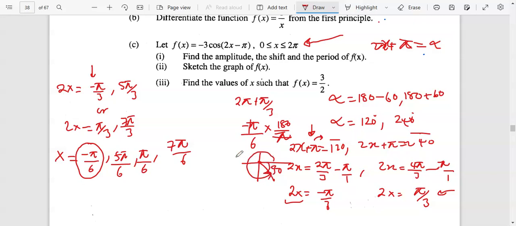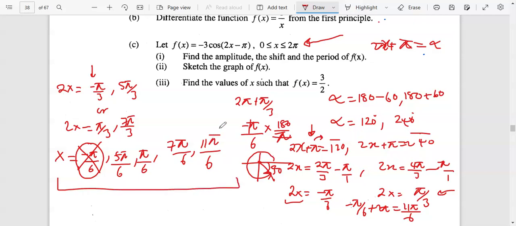So that is going to be 330. To that angle that you have found, just add 2 pi. When you find a negative angle, add 2 pi. So negative pi over 6 plus 2 pi, which is the same as 2 pi minus pi over 6, is going to give us 11 pi over 6. So instead of writing this, we are going to write 11 pi over 6, which is the positive form. So these are the values of x, given that f of x is 3 over 2.